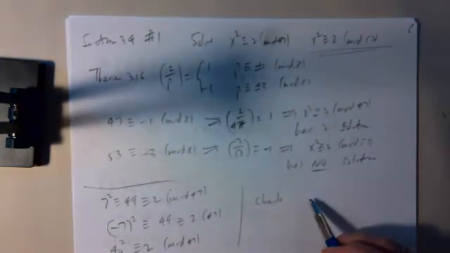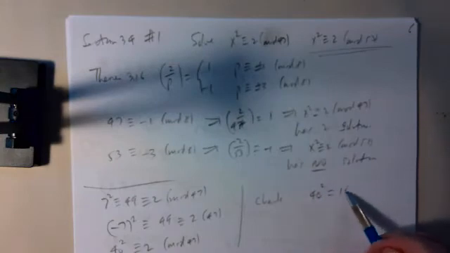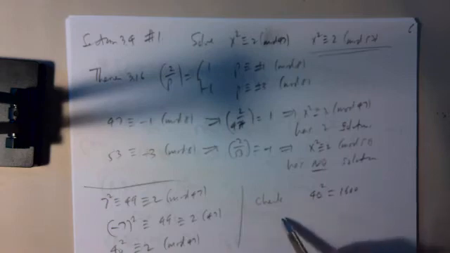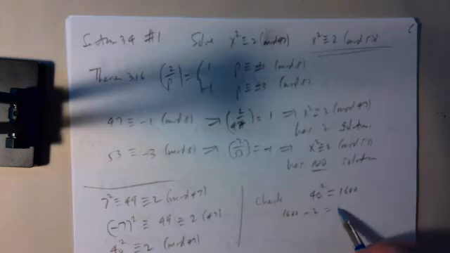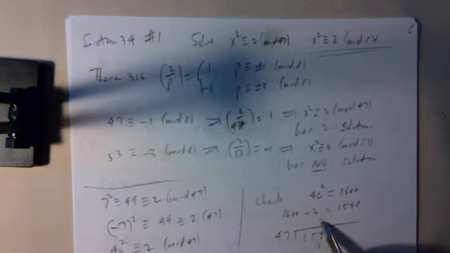Let's just check so we know that everything is right in the world. 40 squared is 1600. 1600 minus 2 is 1598. And if you divide 47 into 1598, let's see, this goes 3 times, 3 sevens are 21, 3 fours are 12, 14, 8, 8, 1.